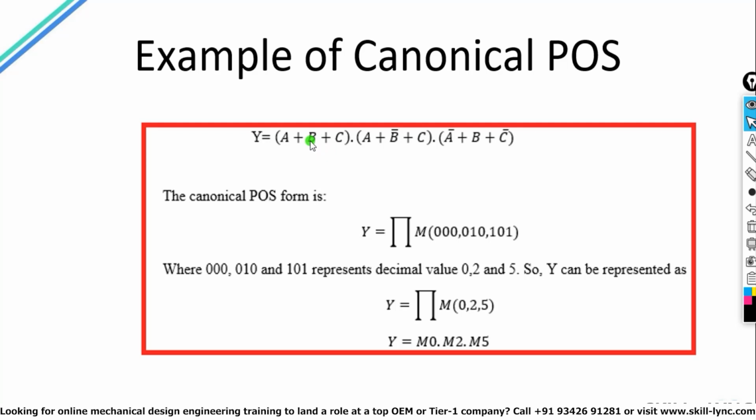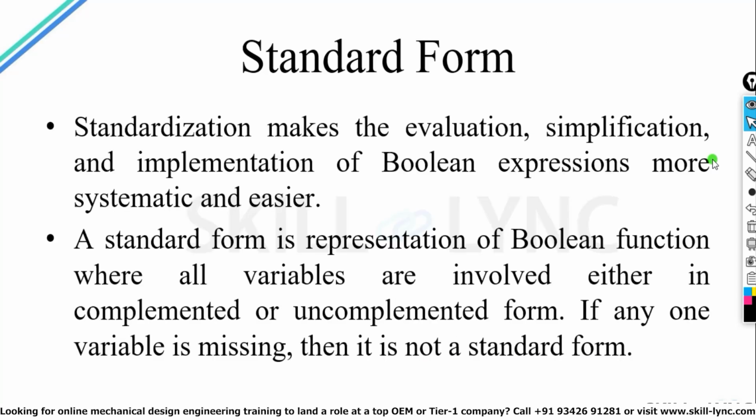Okay, so till this point, we have seen what the POS form and SOP form are, what min terms and max terms are, and how to represent the canonical form of a function. Don't get confused between min term and max term: min term exists in SOP and max term exists in POS.